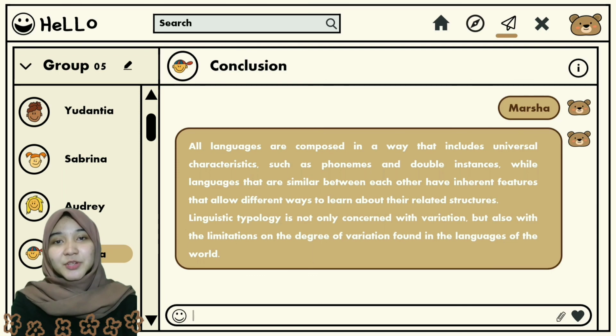The study of typology deals with ways in which languages differ from each other. When languages differ from each other, the variation is not random but subject to limitations. It is not only concerned with variation, but also with the limitation on the degree of variation found in the languages of the world.